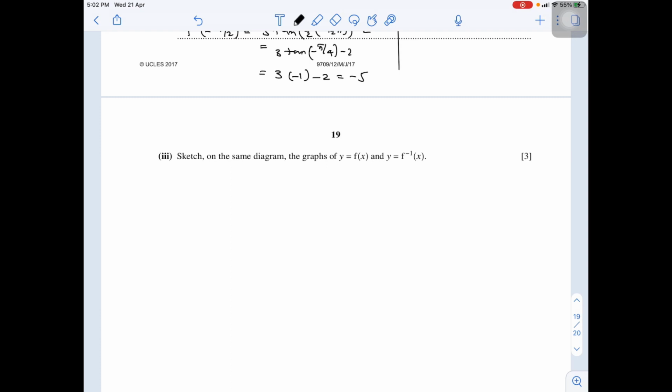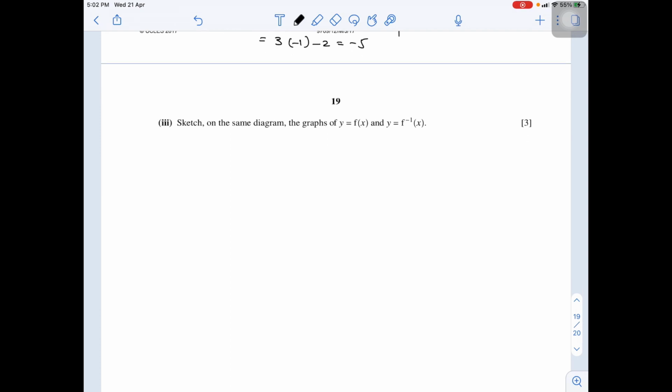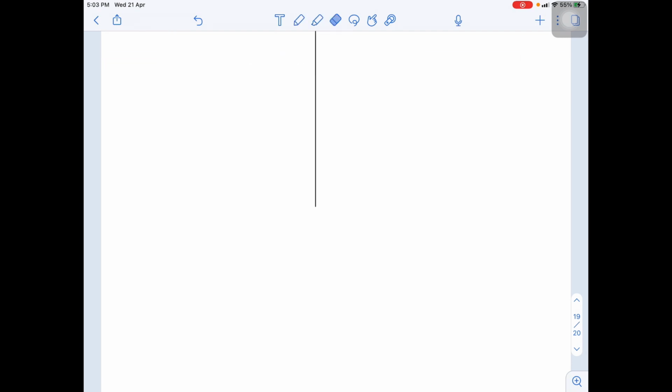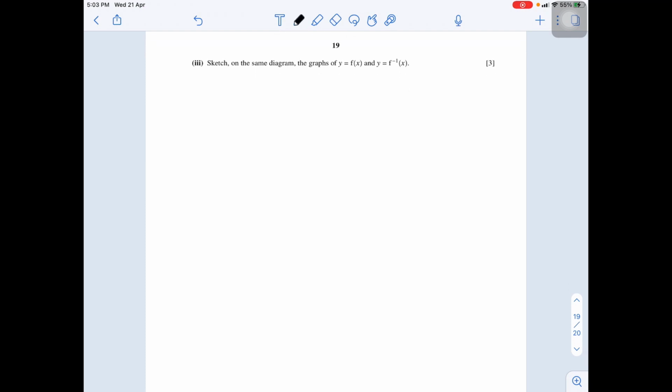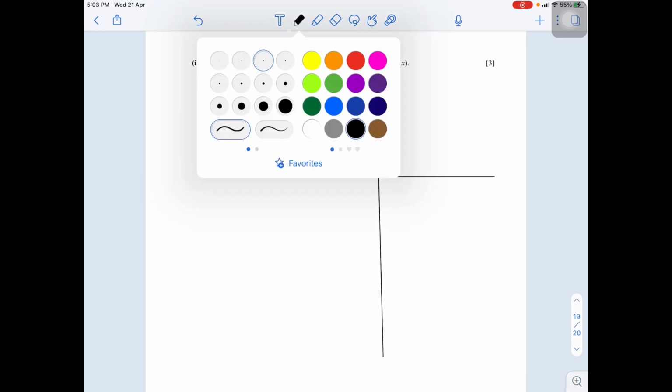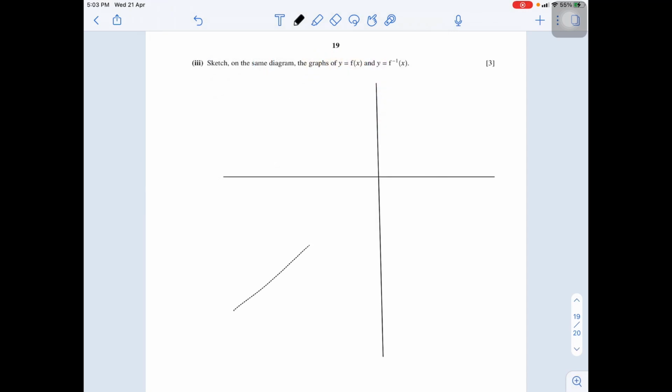Sketch on the same diagram the graph of y equals f(x) and y equals f inverse x. Let's draw the graph of y equals f(x). Now I'm drawing. Let me draw the line y equals x.